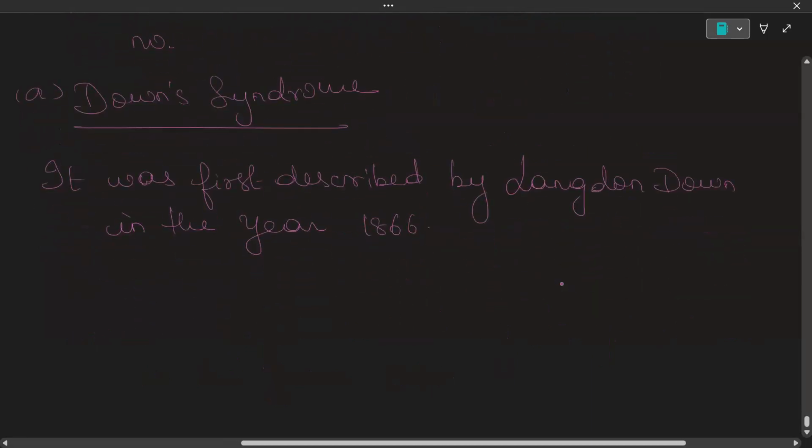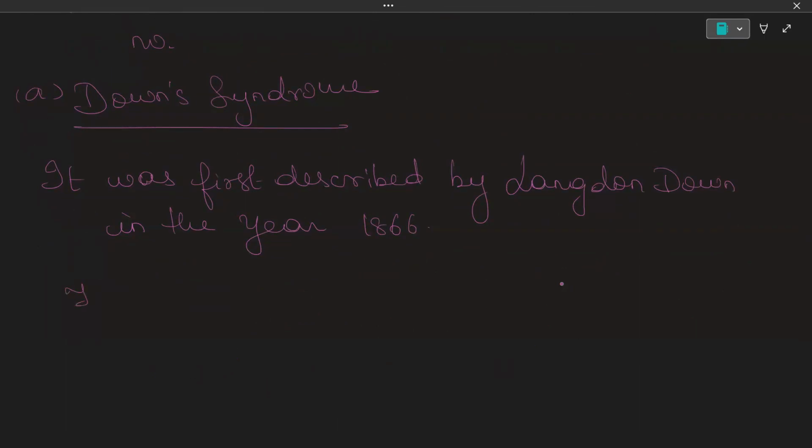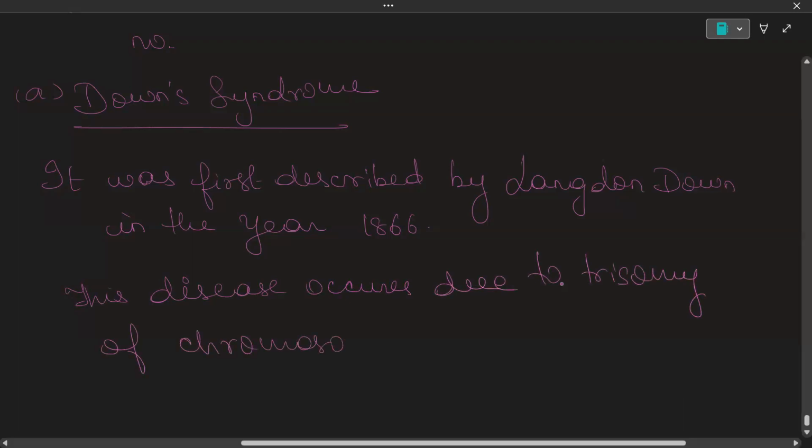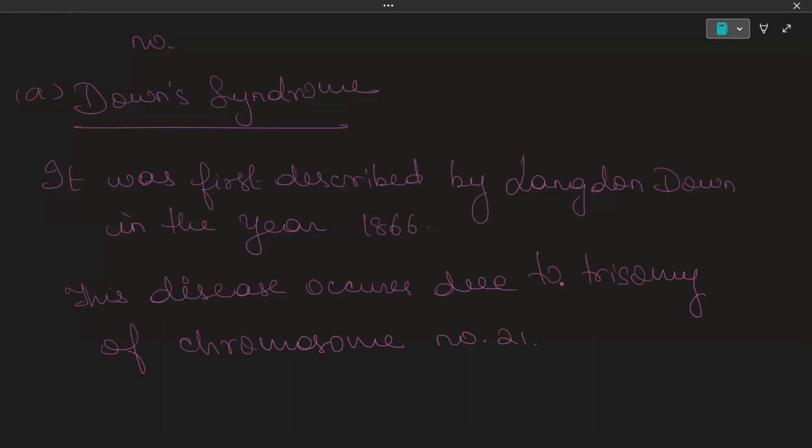The disorder develops due to the trisomy of chromosome number 21. This is important to remember.